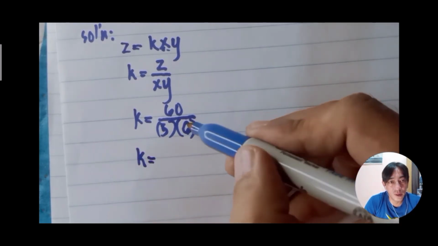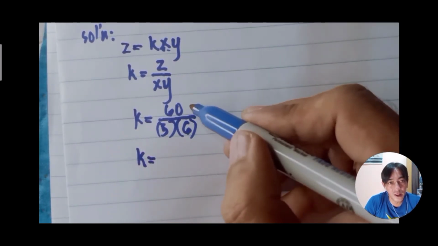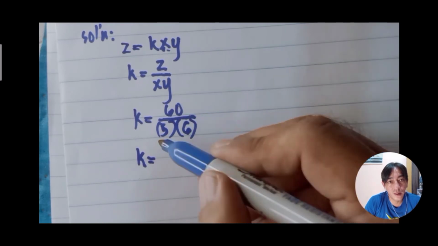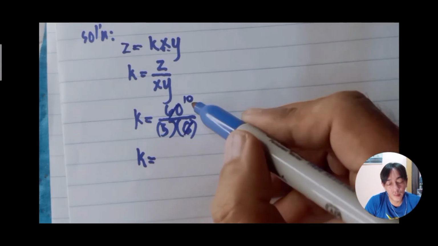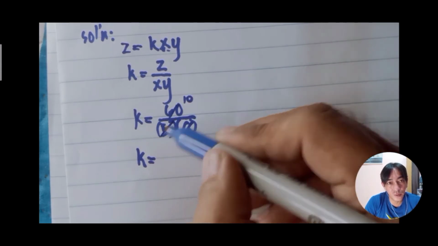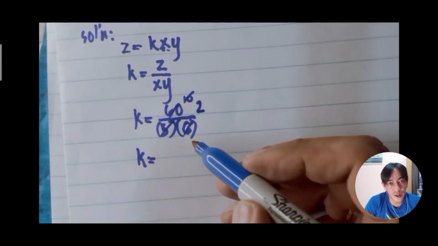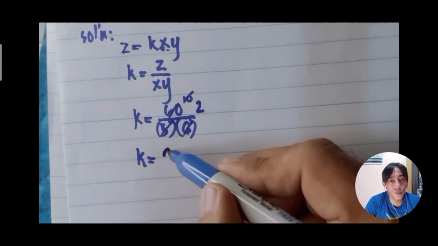So k now is equal to 60 divided by 6 is 10. And 10 divided by 5 is equal to 2. Okay, so k now is equal to 2.